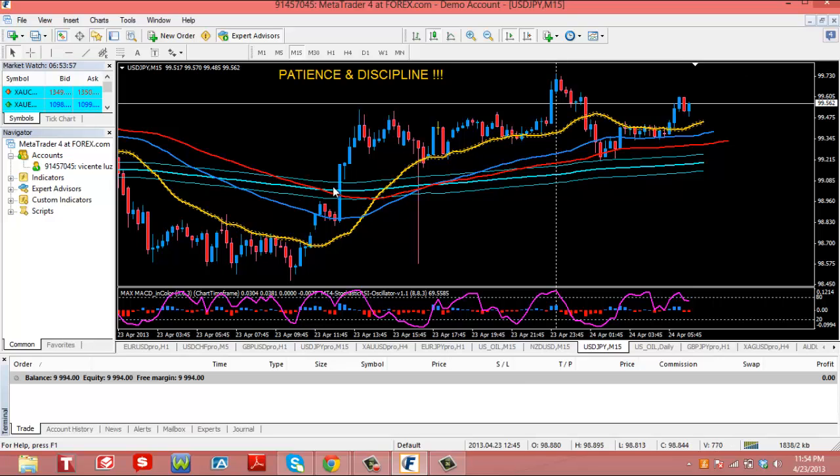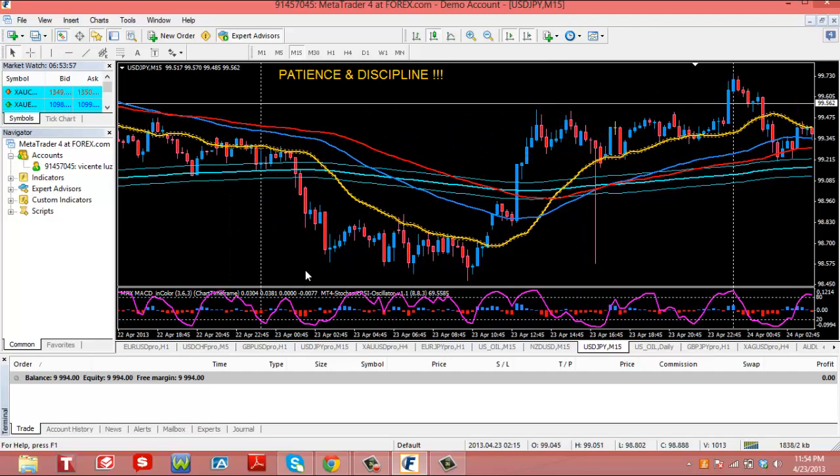So the rules. Rule number one: price has to break above, or below if we're looking for a short, and the 21 always has to be leading. So if the 21 is above for a buy, the 21 has to be above the 55 and 89. For a sell, for example, this was a breakout Moe to the downside.